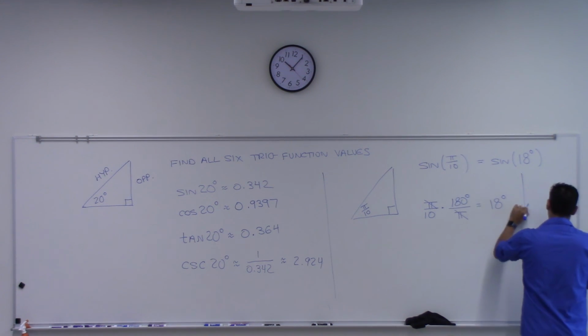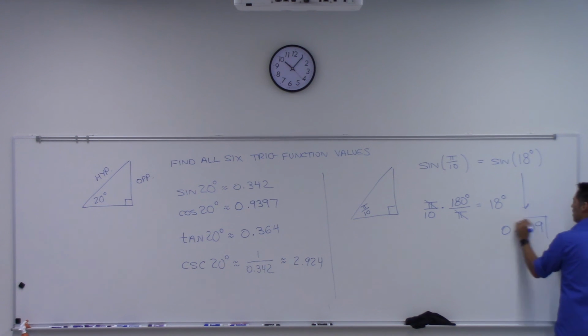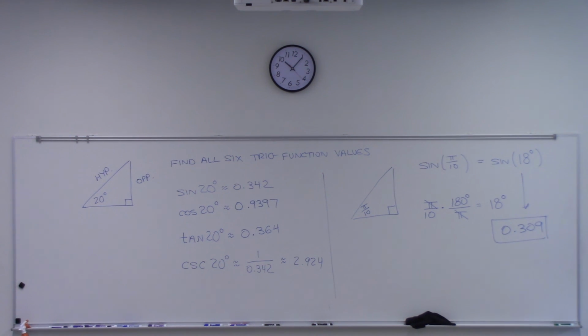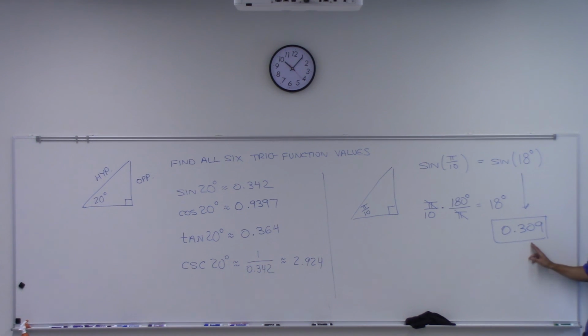You should be getting 0.309, something like that. I recommend that you make sure that you can get this answer in both modes on your calculator. Make sure you can get it in degrees and that you can get it in radians.